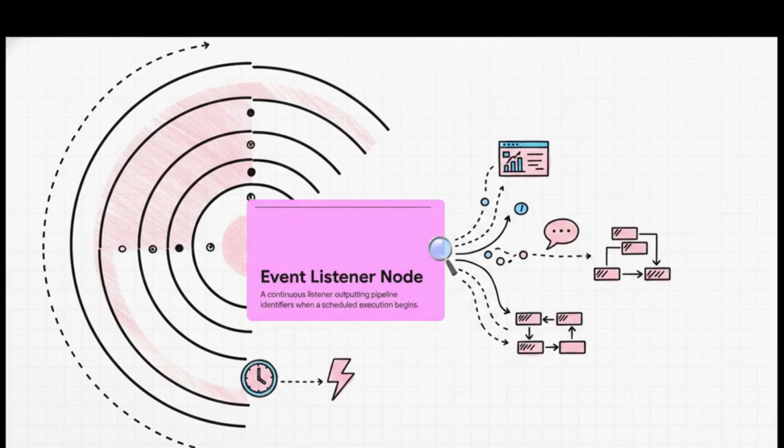This one acts like a continuous radar. The exact millisecond your scheduled execution begins, this node detects it and outputs specific run identifiers. This is absolutely crucial because it ensures your dashboards and any external messaging systems are instantly notified and kept perfectly in sync with your AI tasks.